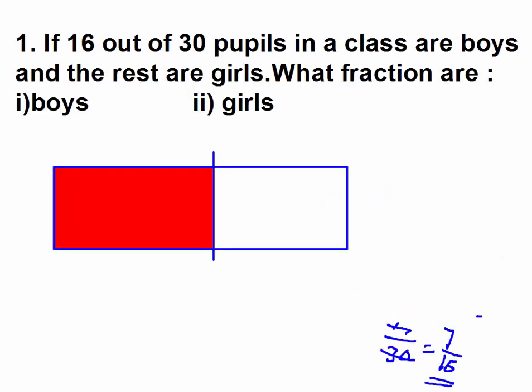Now let's move forward to see a little bit more complex one. Here is an example of a word problem, so let's solve it. If 16 out of 30 students, pupils in a class, are boys and the rest are girls, A, what fraction are boys, and B, what fraction are girls?